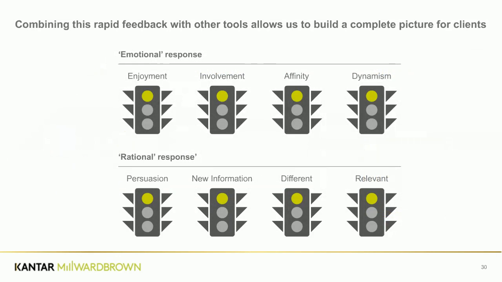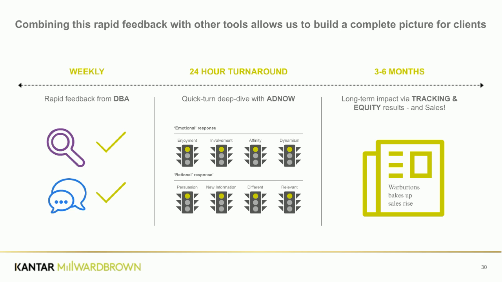And as you can see, it allowed us to diagnose the executional performance, and these executions performed incredibly well on all our key measures of both engagement and persuasion, which is what we'd seen indicated by the earlier digital behaviour analytics read. And then a few months later, we were able to see the impact on the brand itself, either through tracking or in this case through actual shifts in sales. So they did see a positive impact on the brand as a result of this campaign.